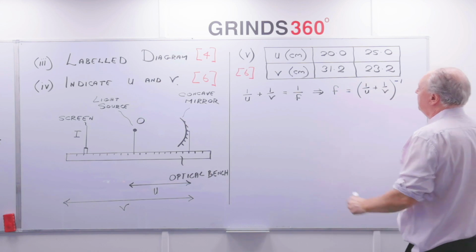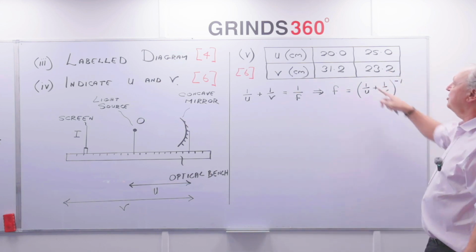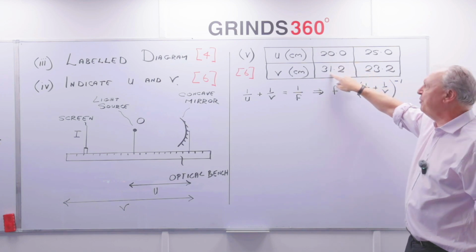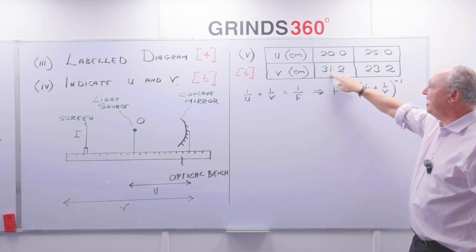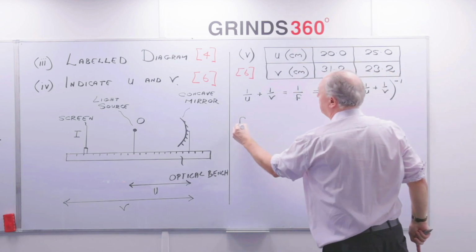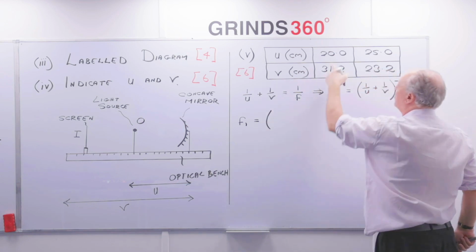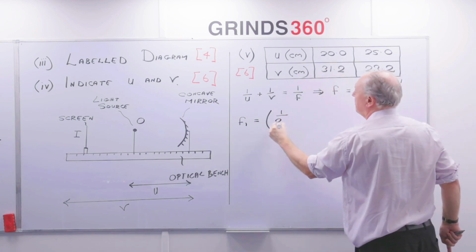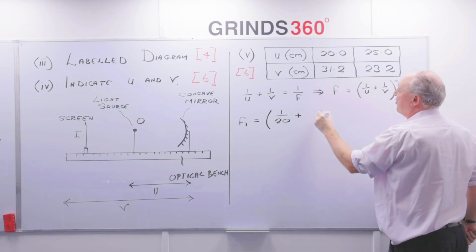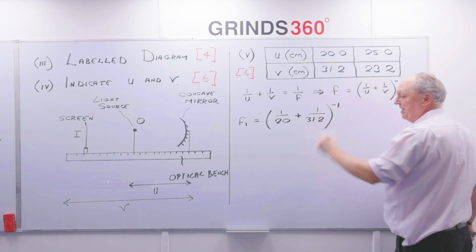So now, let me work out using all of the data. So the first set of data, when U is 20 centimeters, V is 31.2. So we call that focal length F1. So F1 is equal to 1 over U, which is 1 over 20, plus 1 over V, which is 1 over 31.2, to the power of -1.